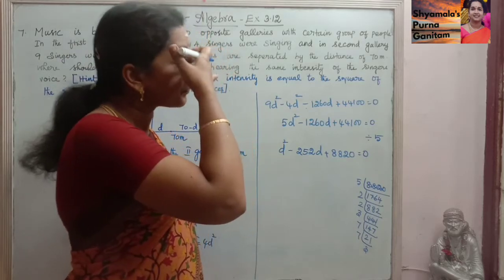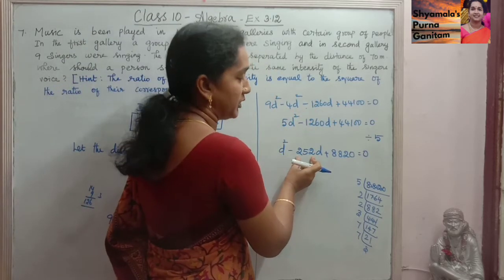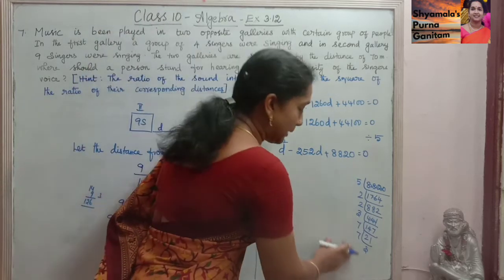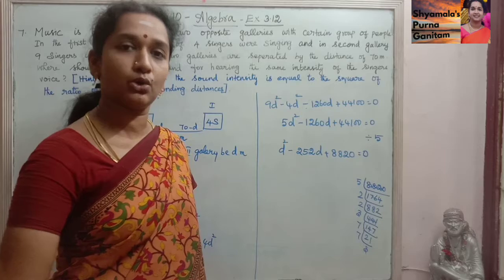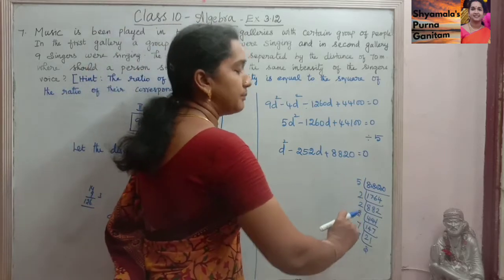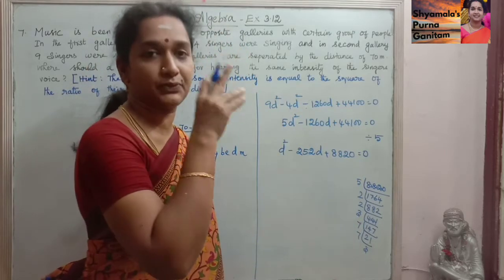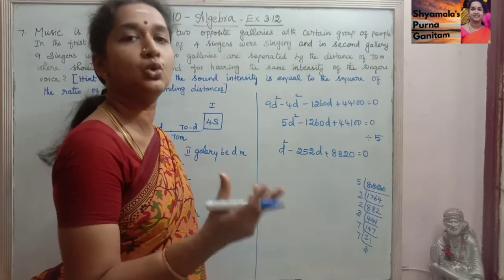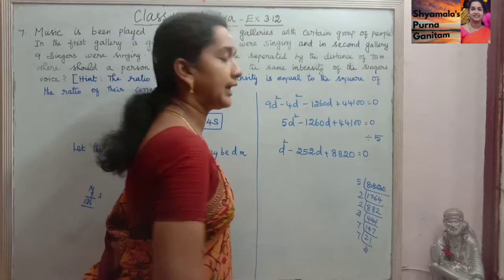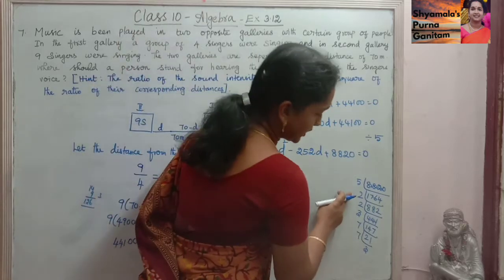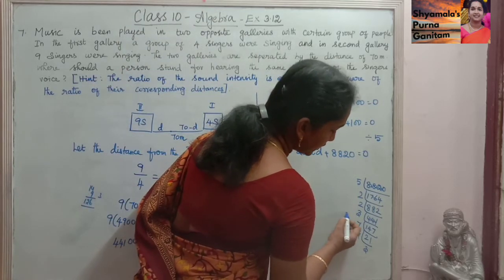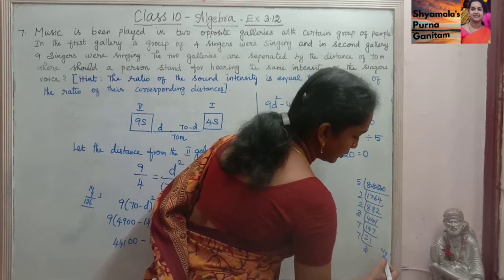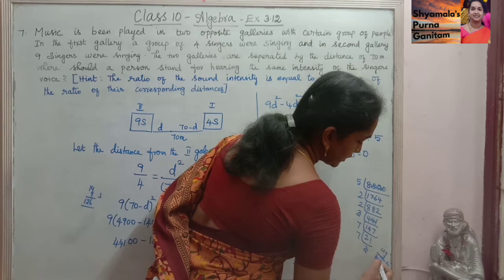We will check: when we add two numbers from these factors, we have to get 252. Multiplying all these things, we will get 8820, that is sure. But when we combine these terms into two different numbers, we have to get 252. So 5 2s are 10, 10 2s are 12, 12 3s are 36, then 7 7s are 49 into 3, 147.